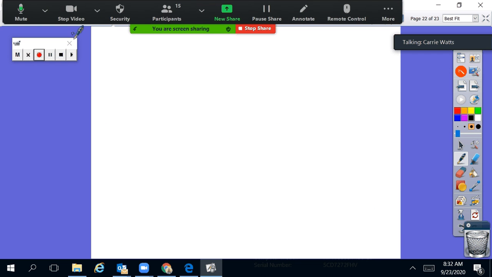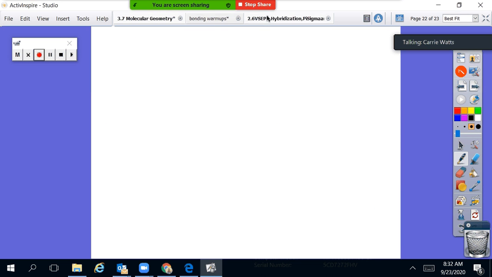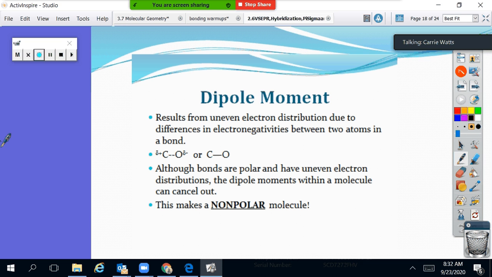Okay, and then I just want to go back to our other, this is our AP. Just to review again, remember a dipole moment is just showing you an uneven electron distribution. Okay, and that's due to differences in electronegativities between two atoms. Okay, but these dipole moments can cancel each other out, which makes a nonpolar molecule.